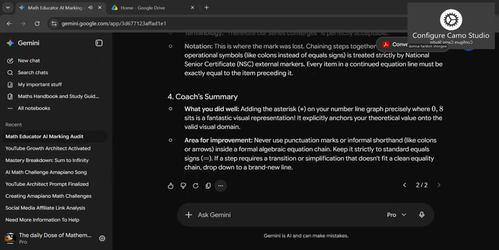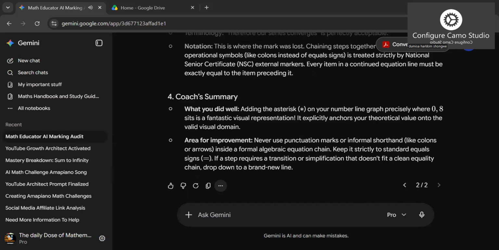Corrective feedback. Look closely at your second line in the image. You replace the equals sign between 24 over 30 and 4 over 5 with a colon. In formal mathematics, a colon denotes a ratio or a division operation, not equivalence.